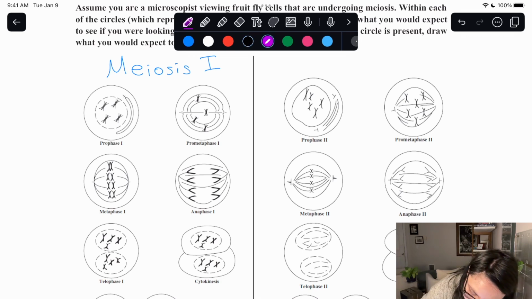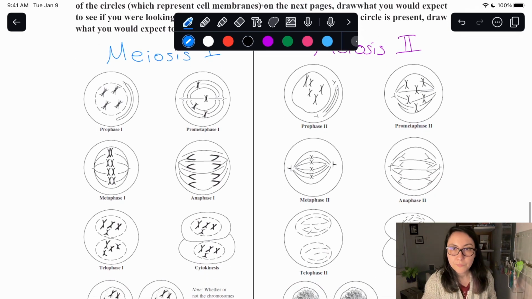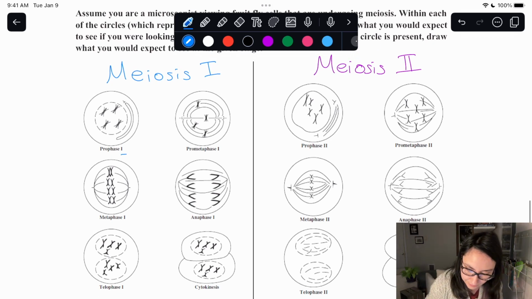And this over here is meiosis 2. So that's the first thing I want you to know, that there is a difference between the 1 and 2, aside from the fact that the Roman numerals kind of give it away right here.